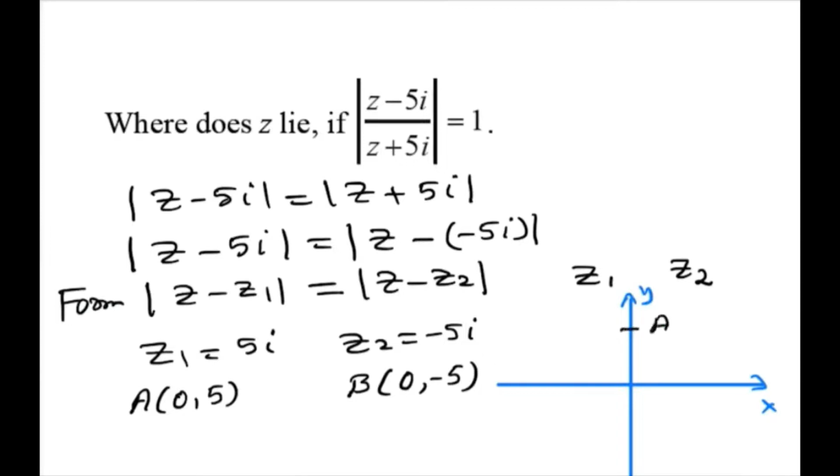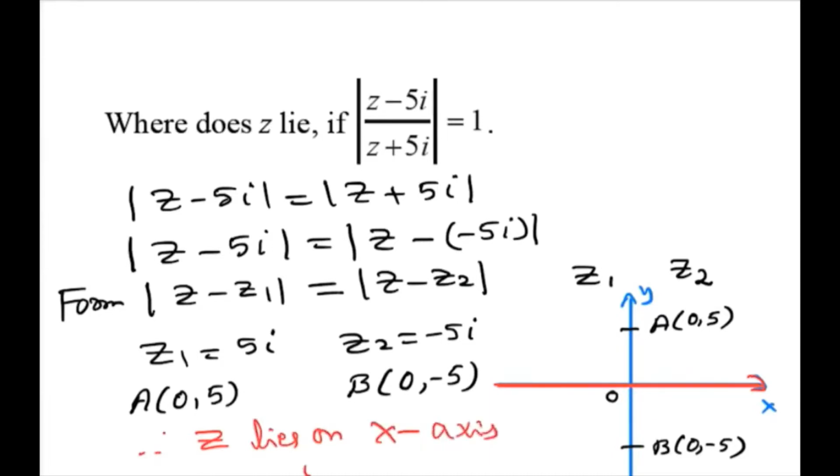Here A, this is B, (0, 5) and (0, minus 5), the origin O is the midpoint of AB. So the perpendicular bisector is the x-axis. So therefore, z lies on x-axis, that is real axis.